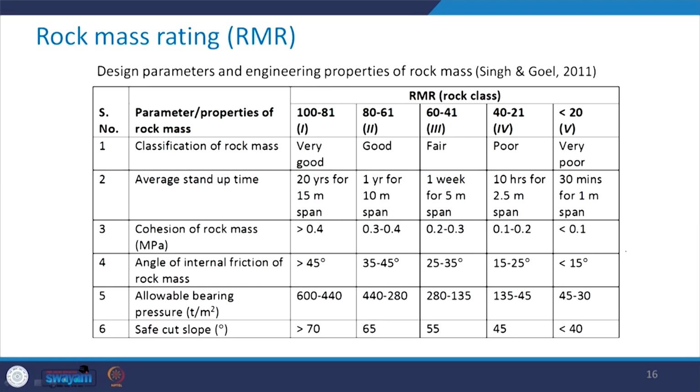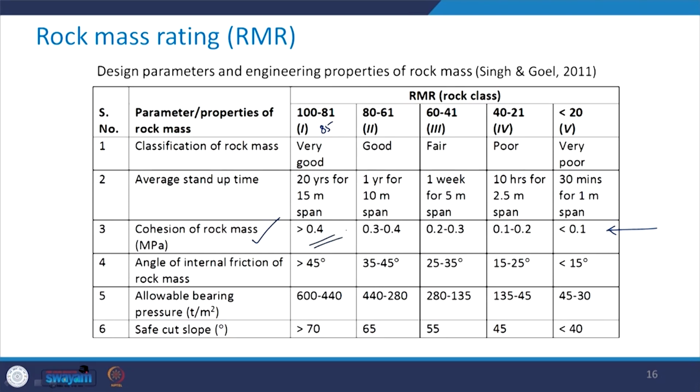Once again I refer to this table. Look here on this row which gives you the cohesion of the rock mass in megapascal. Say you have the RMR of 85. So, 85 would lie in this range, so its cohesion is going to be greater than 0.4 MPa.